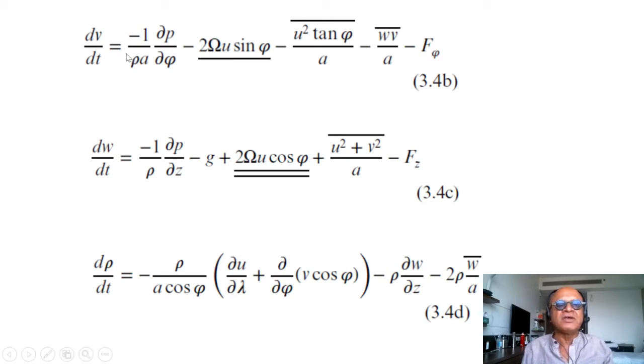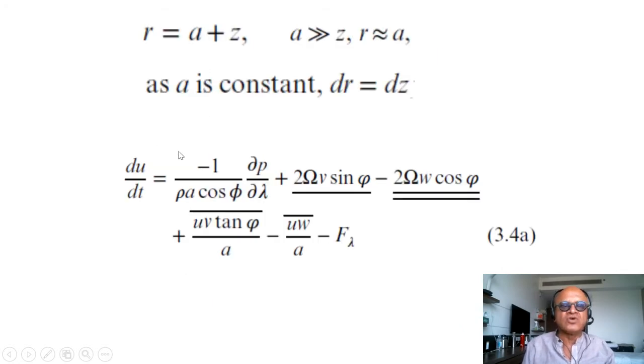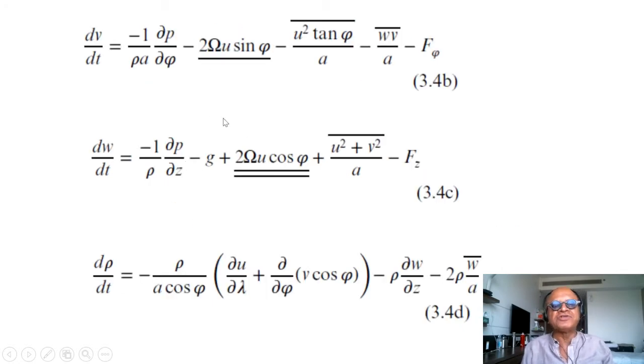dv dt equals minus 1 over rho dp dphi. So we are writing now the zonal, meridional, and vertical terms separately. You have again the horizontal, geometrical, and vertical terms. Here it's vertical and geometrical, of course.